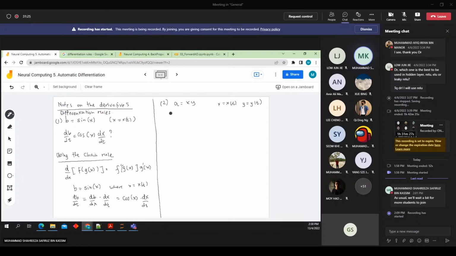Why is da/dt equal to x dx/dt plus y dy/dt? What rules are we using here?